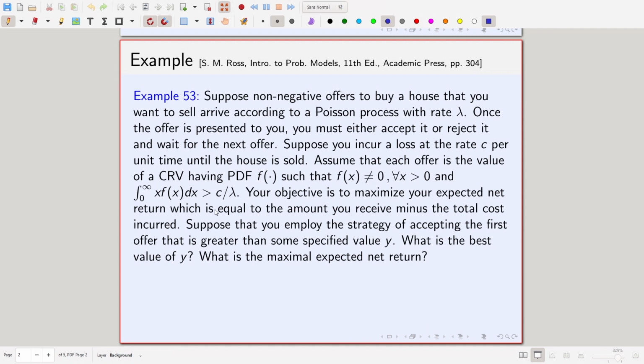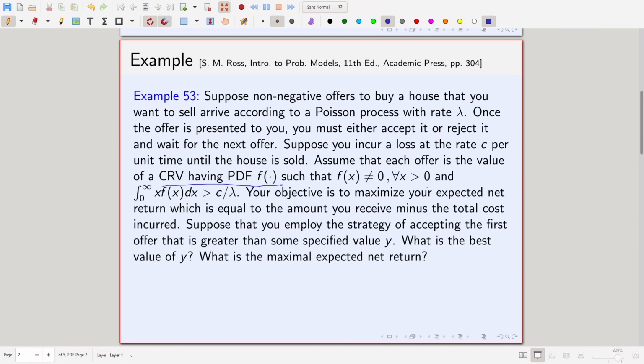Now, suppose you incur a loss at the rate C per unit time until the house is sold. So, until you are able to sell the house, you incur a loss at the rate C per unit time. You can think of it as a maintenance cost. Now, assume that each offer is the value of a continuous random variable having probability density function small f, such that f(x) is not equal to 0 for all x strictly greater than 0.